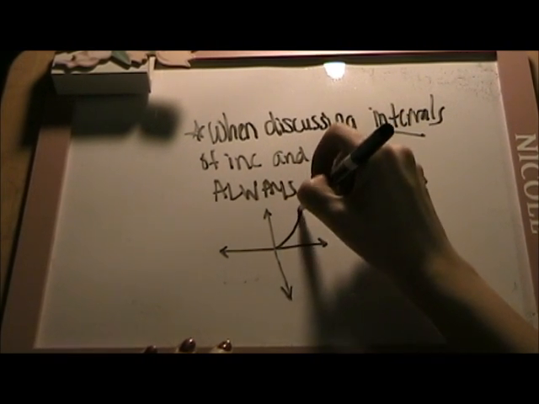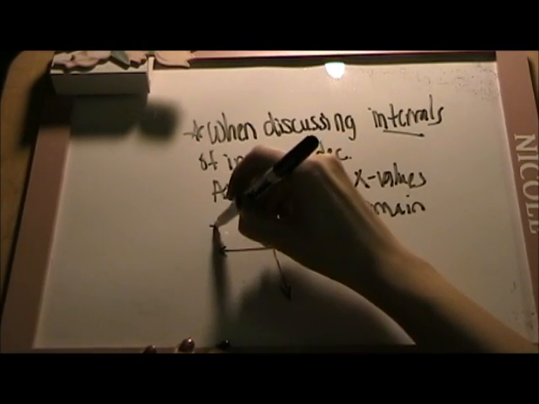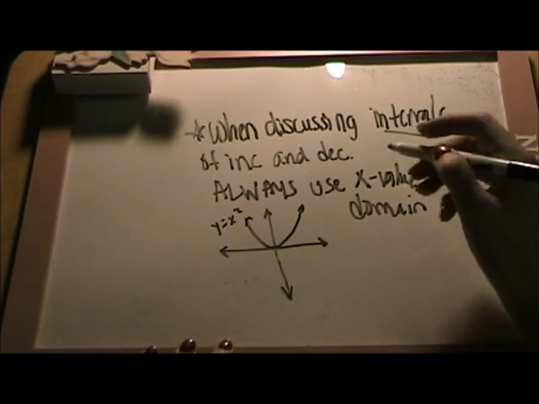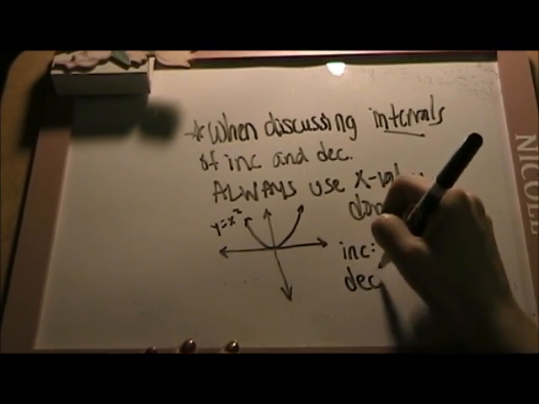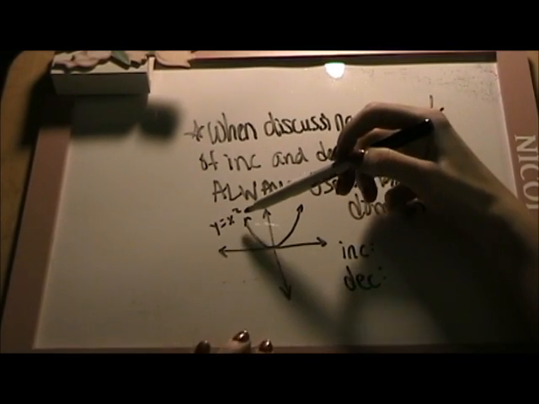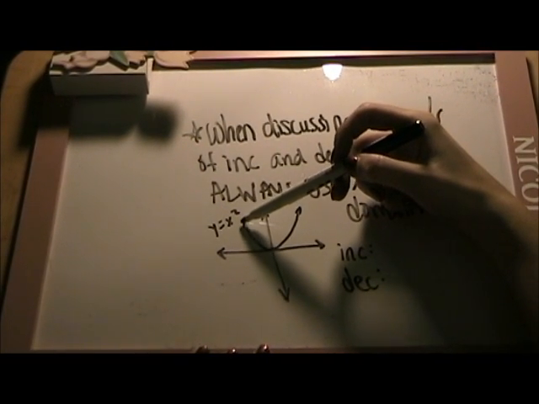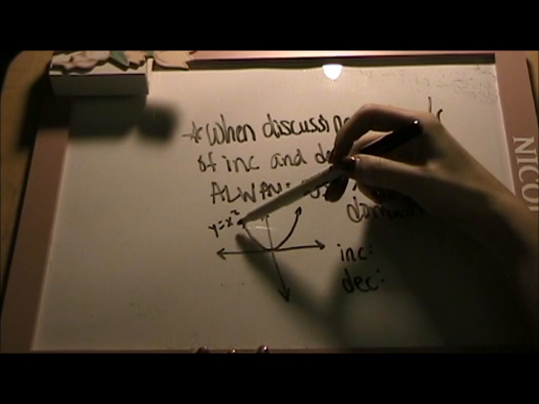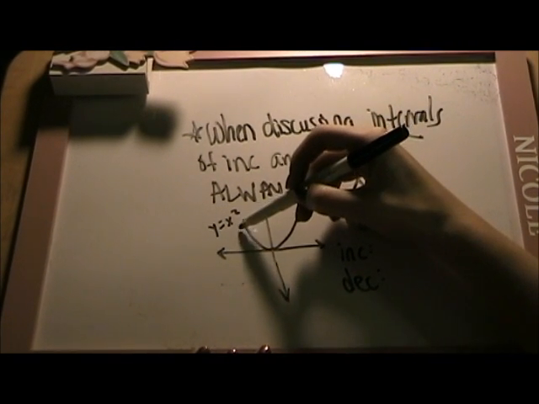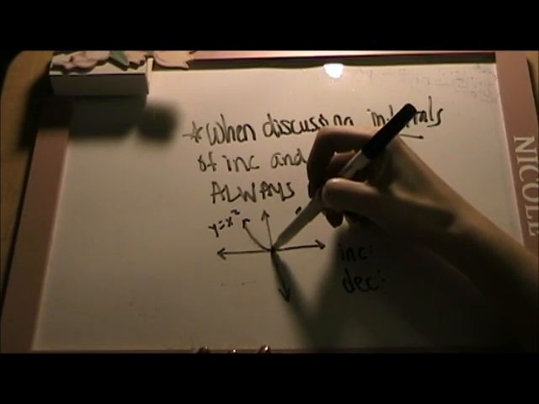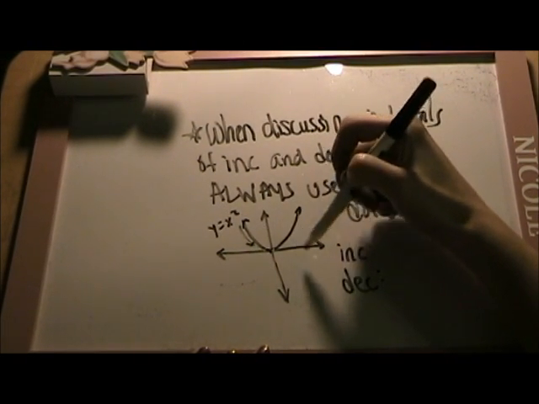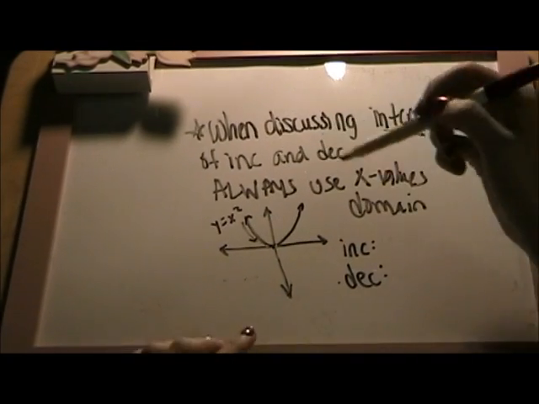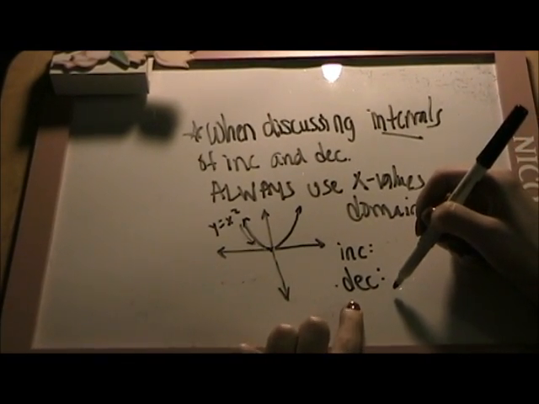So for example, if we look at y equals x squared, we're going to start reading from left to right. So from left to right, we are moving downward. So from here to here, we're moving downward, so we are decreasing. But we have to discuss it in terms of x values.